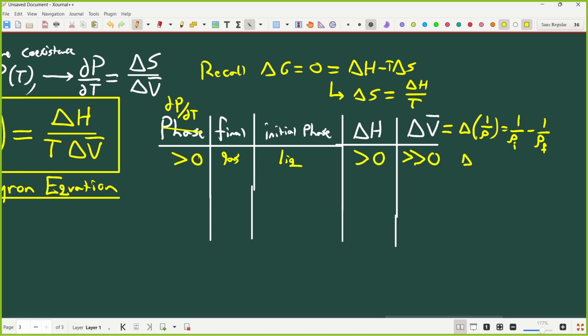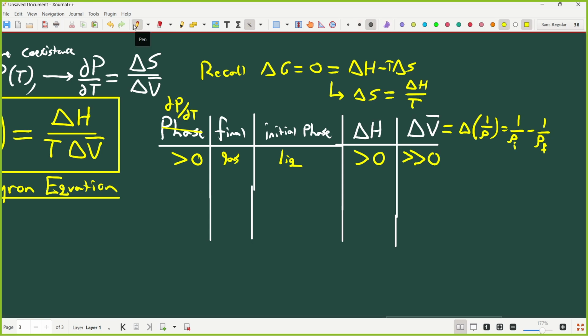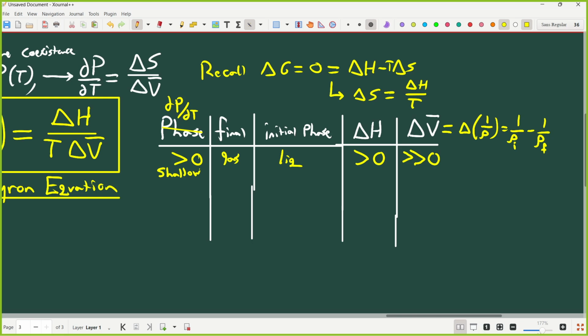Delta V is much greater than 0, and so dP/dT has a number of some sort divided by a big number on the bottom, so the slope is shallow. This is a shallow curve, or at least relatively shallow. We kind of saw that in the curve. It grows slowly as a function of temperature.